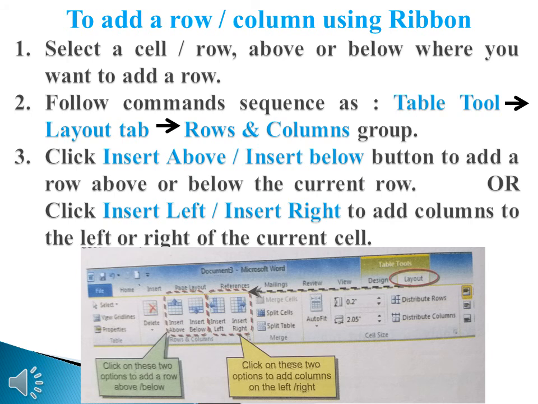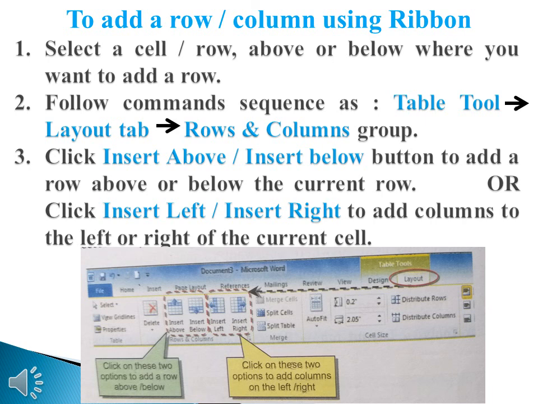Now let's discuss the steps to add a row or column using the ribbon. The first one is select a cell or row above or below where you want to add the row. That means we have to select a particular cell or row where we want to insert a new row. Then we have to click in Table Tools, then in the Layout tab check for the Rows and Columns group.